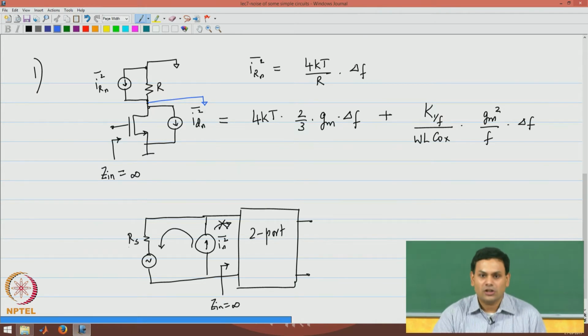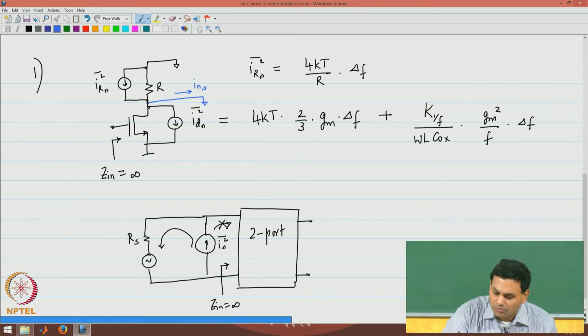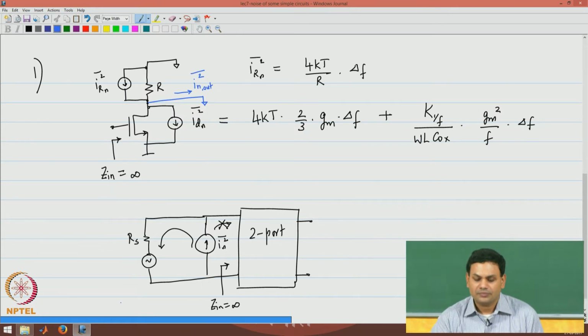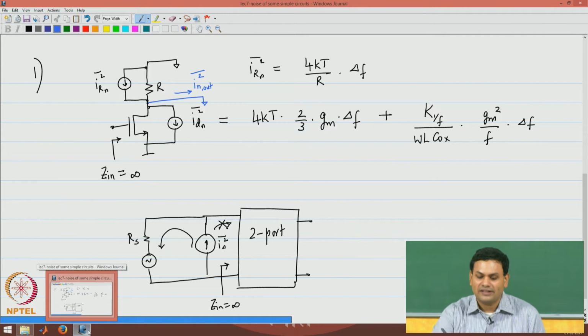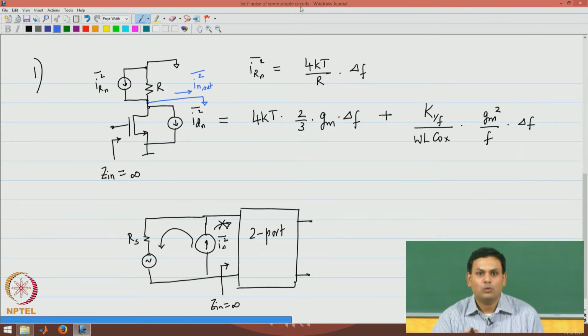Even though it is shorted to ground, I can calculate the output noise current through this short circuit, and if I divide it by the overall transconductance of the 2-port network, in this case the overall transconductance of the amplifier, I should be able to get the input referred noise voltage.